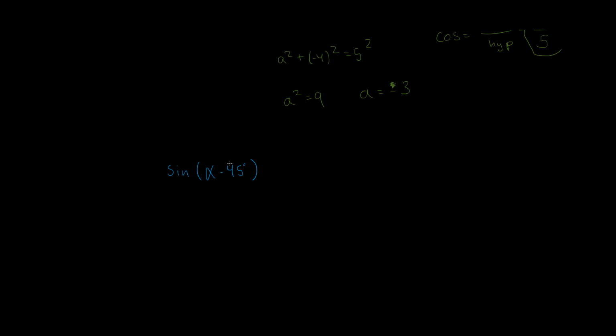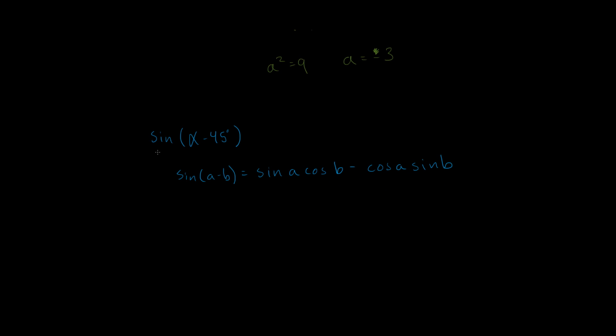And to do this, we're going to have to utilize one of the rules of trigonometry, which is that sine of A minus B is equal to sine A cosine B minus cosine A sine B. Okay, so let's plug in our numbers here.